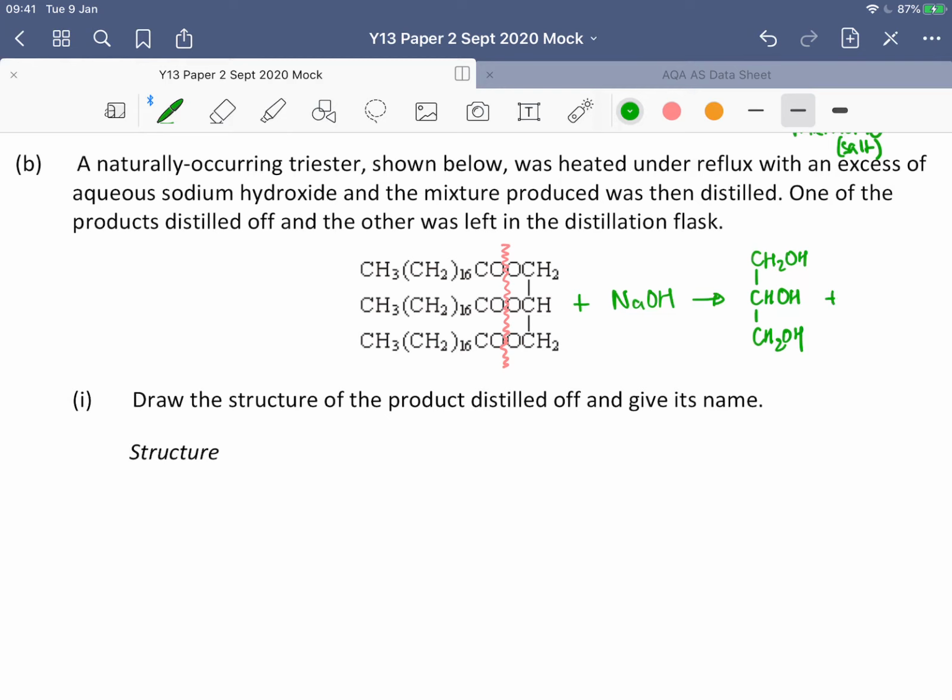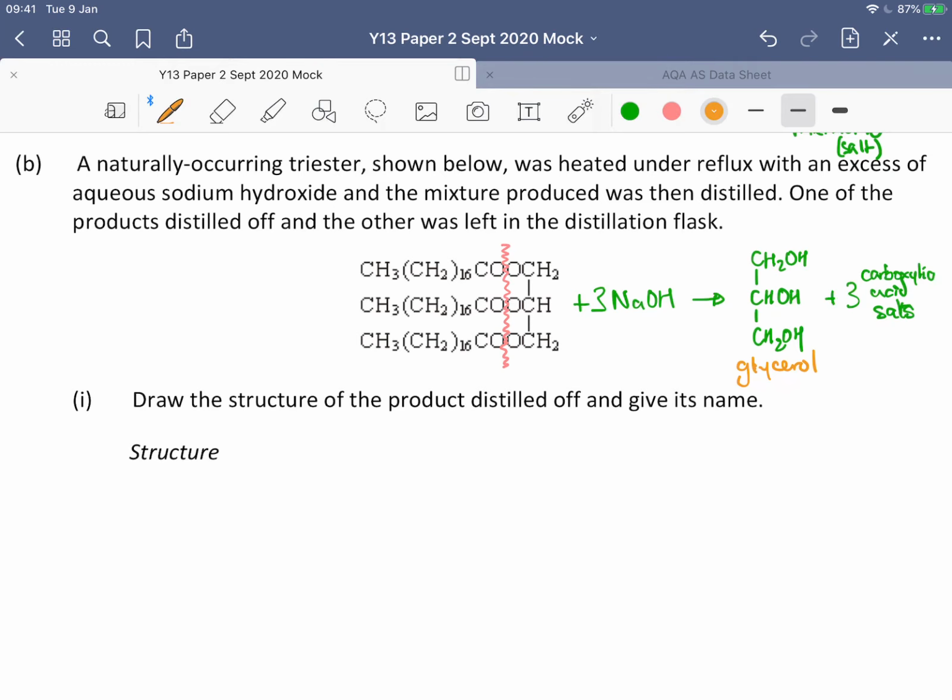I'm not going to draw them, but it's like the above. So we're making the salts, and those triesters are all the same, so we're going to get 3 of those in our equation, and so we would need 3 there. Now you don't need to know that, but it's just reminding us.